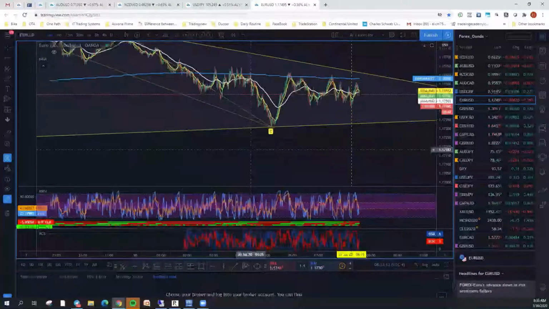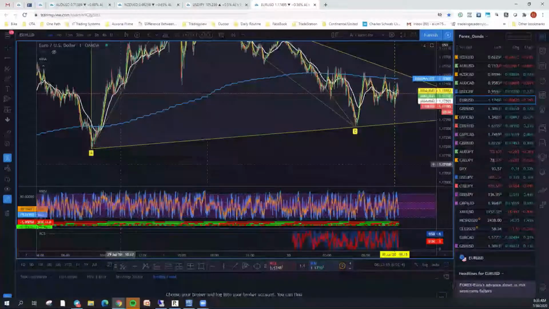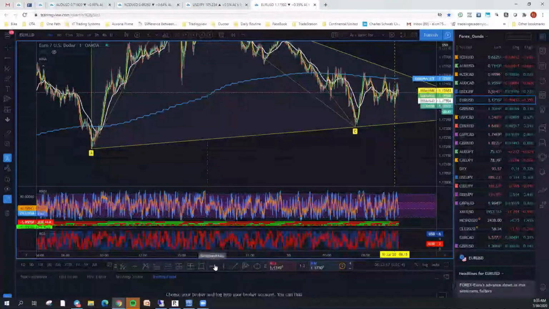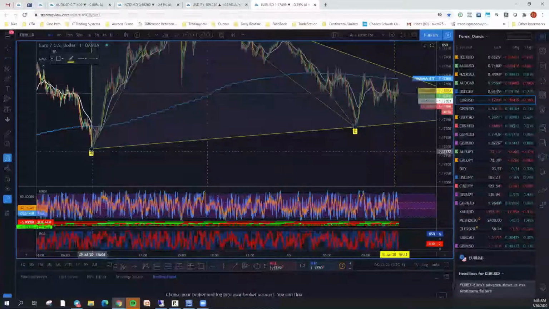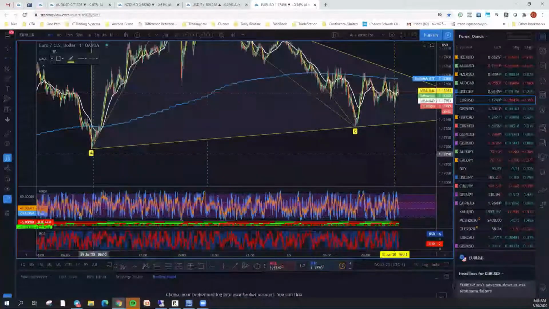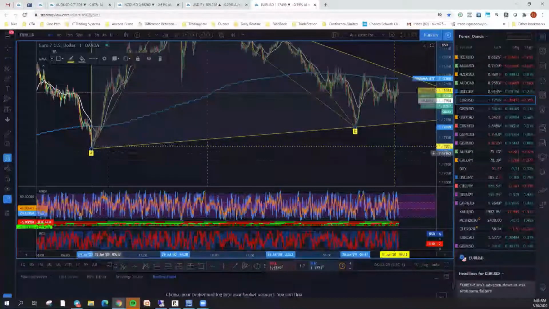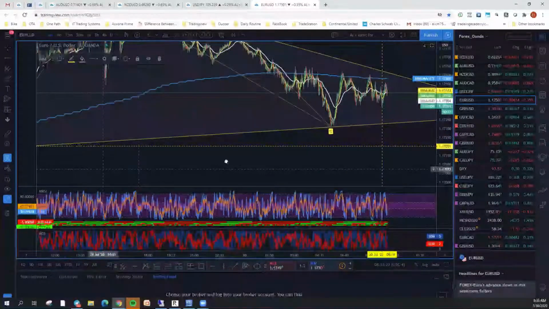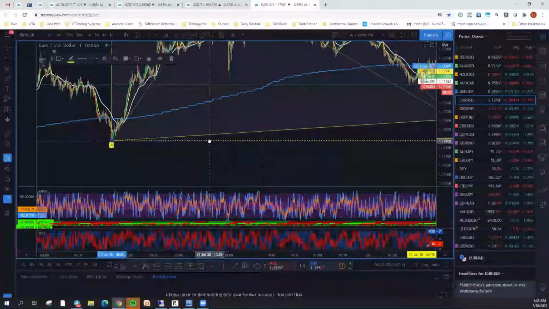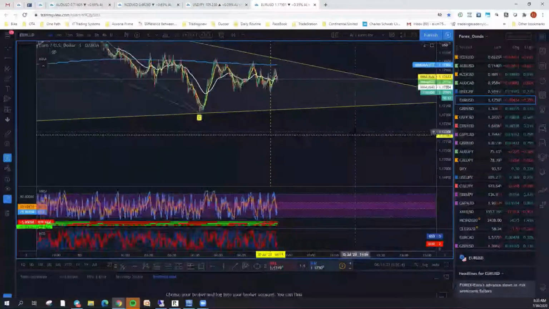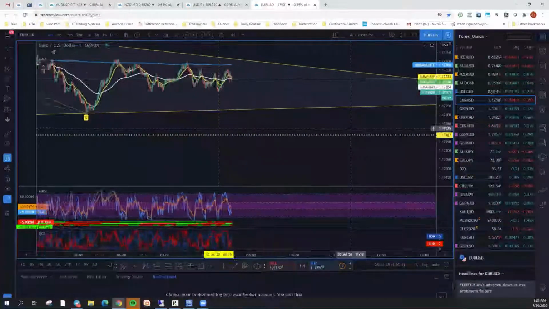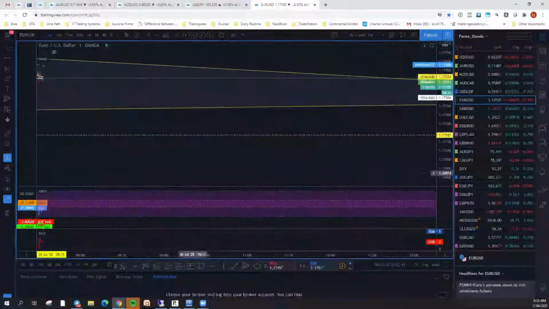The AC area is pretty flat, but we'll mark the A down here. If I can get that close. Right about in there. And right now we're waiting for this thing to break out to the up or downside.